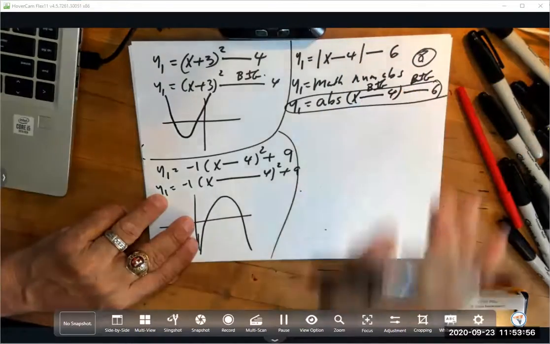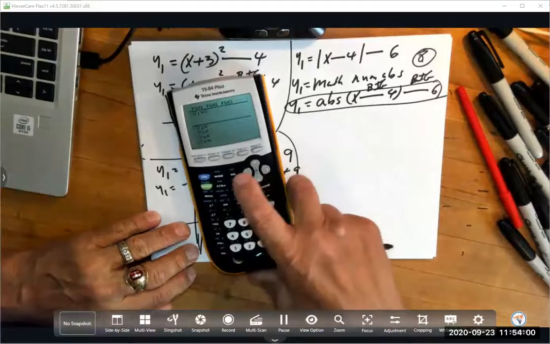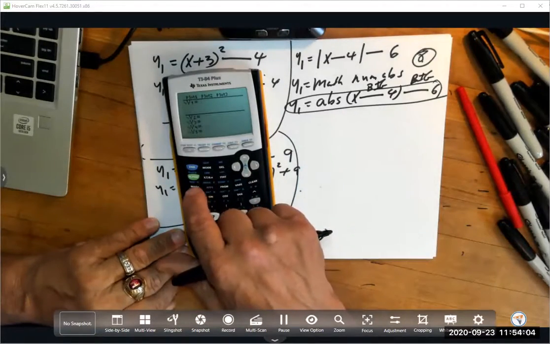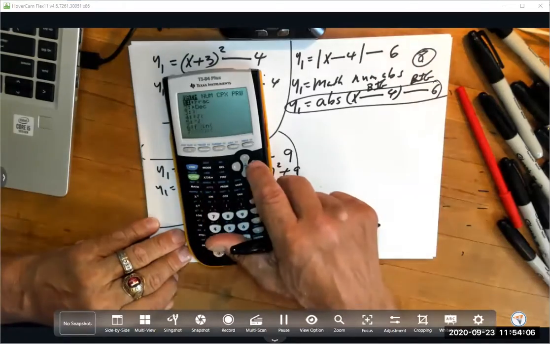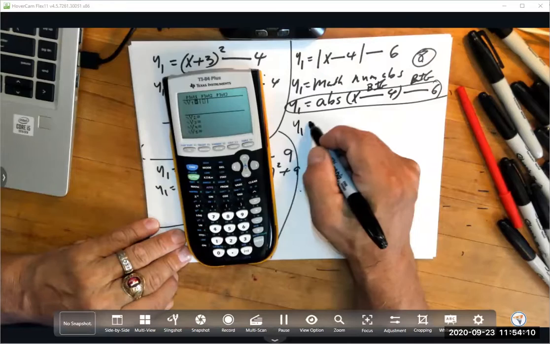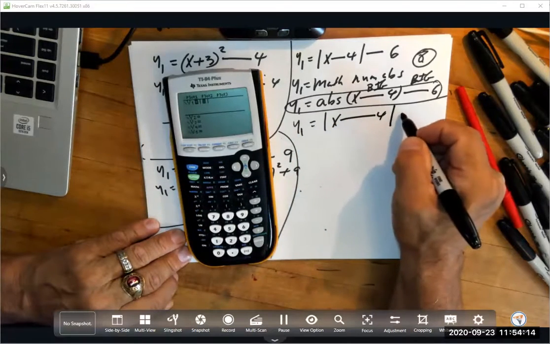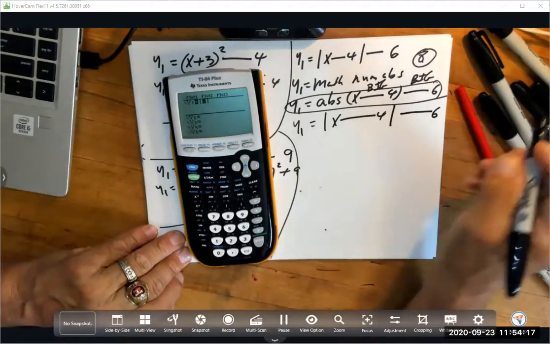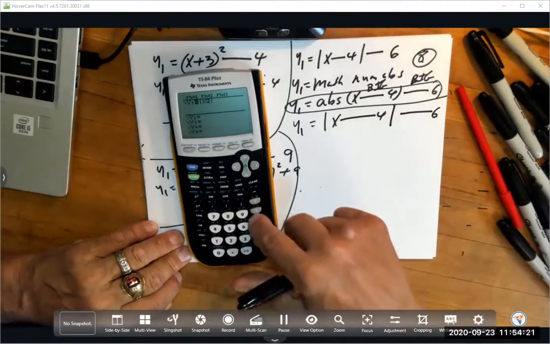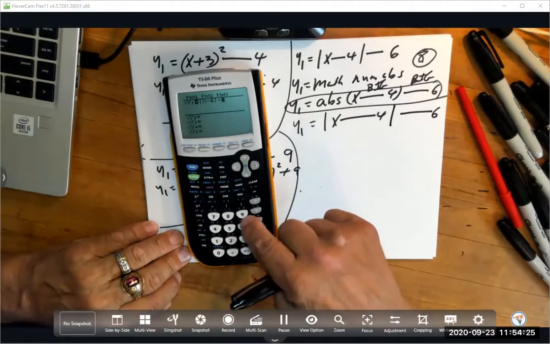All right, let me do mine. Everybody do yours, and then I'll do mine. Clear. Absolute value. So math, number, abs. So I have absolute value of x minus 4 outside minus 6. Okay, so let me do that. X minus 4 outside minus 6.